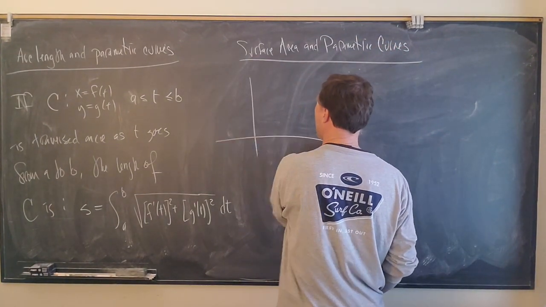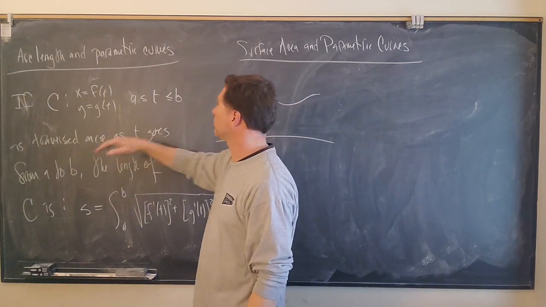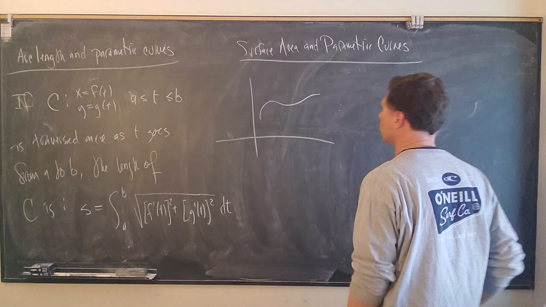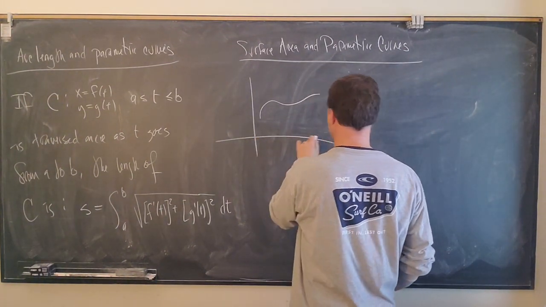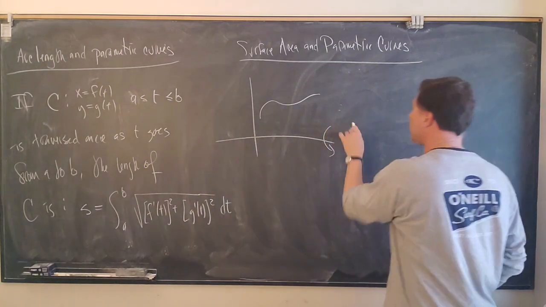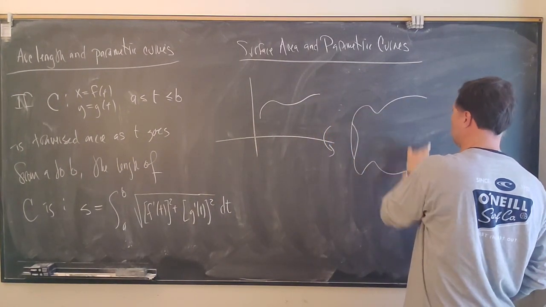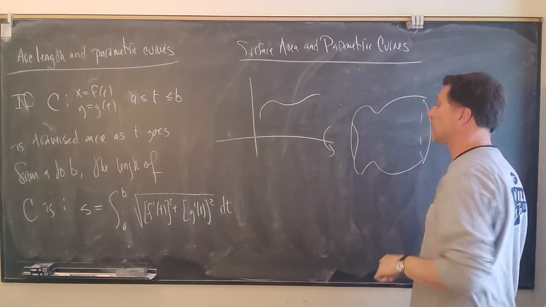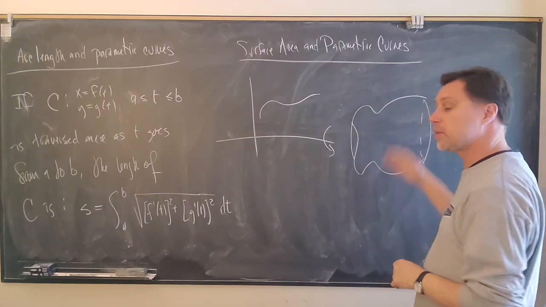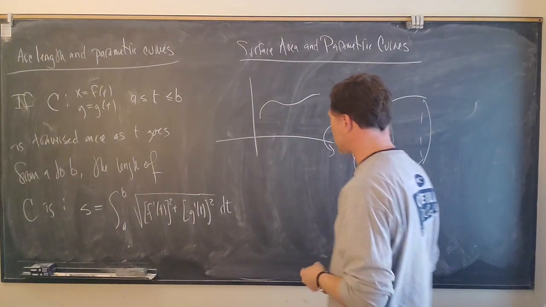Let's say that you have some parametric curve satisfying the same stuff here. And you take that curve and revolve it about the x-axis. What that's going to do, it's going to generate some surface like this, and then we can compute the arc length, the surface area of this.